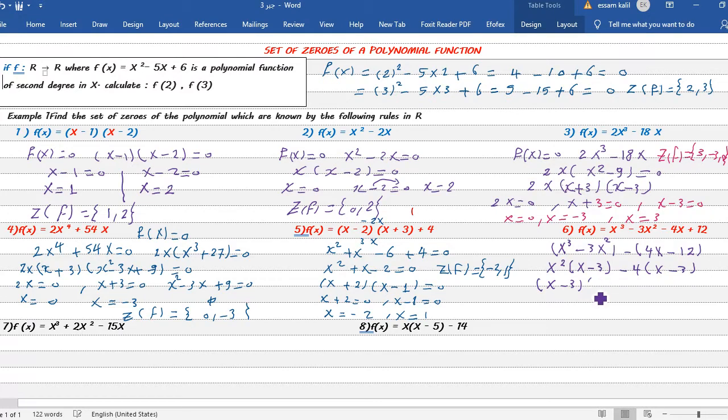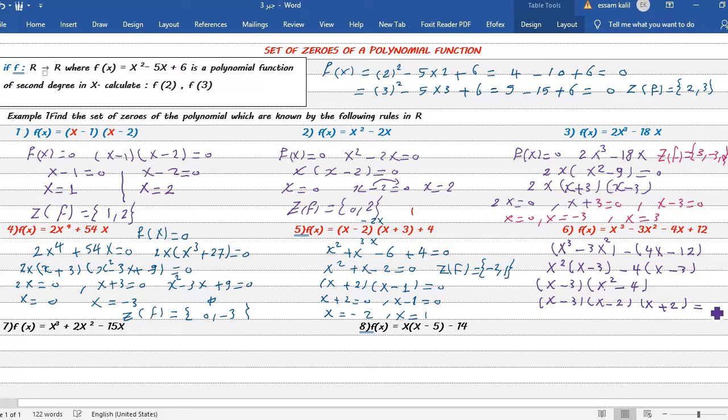Open brackets, the remainder equals x power 2 minus 4. x power 2 minus 4 is a difference between 2 squares, so rewrite x minus 3 and open 2 brackets: x and x, and the 4 becomes 2 and 2, negative and positive.